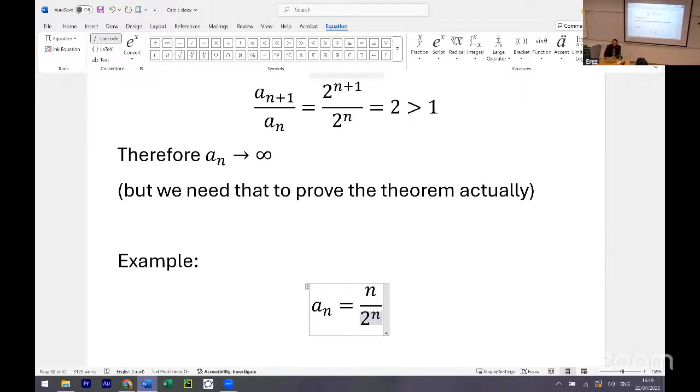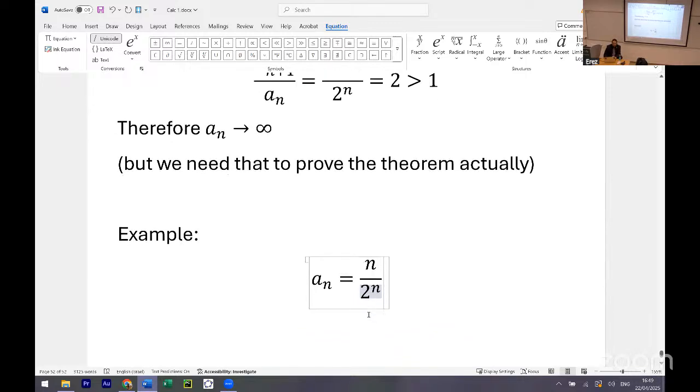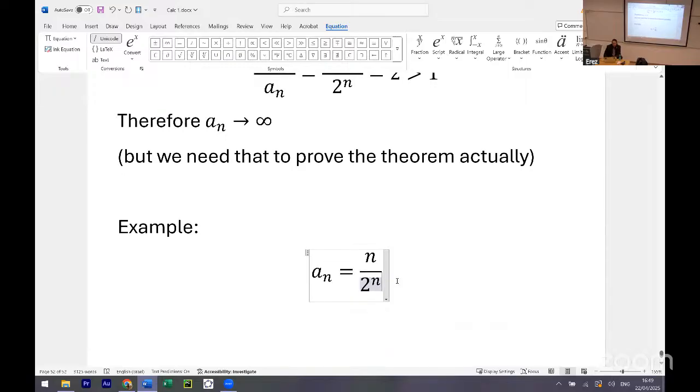It's 0. It's 0 because this is polynomial growth, and this is exponential growth, right? But how do we prove that it's 0?